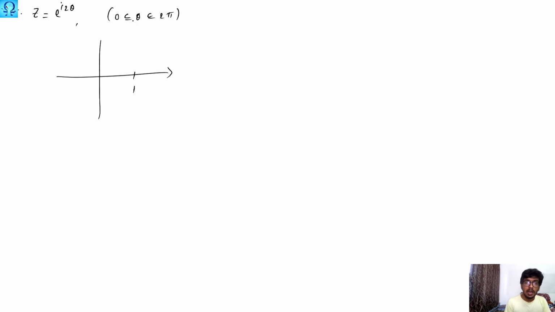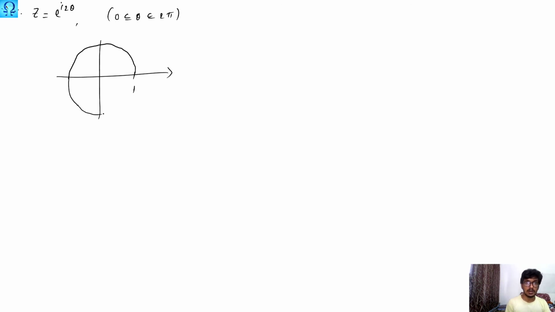Next we have an example, z equals e to the power iota times 2 theta, where theta varies from 0 to 2 pi. Even here when you try to plot, your r value is 1. When your theta increases, it moves like this, and when your theta value is pi by 2, it comes here, since it is 2 times theta.